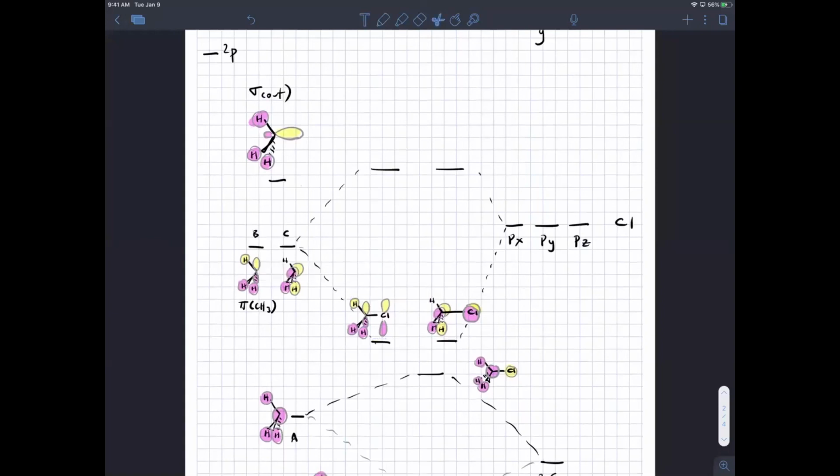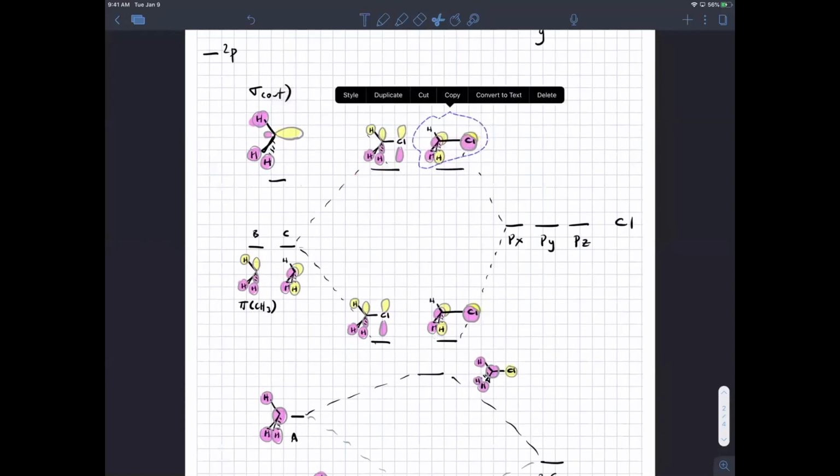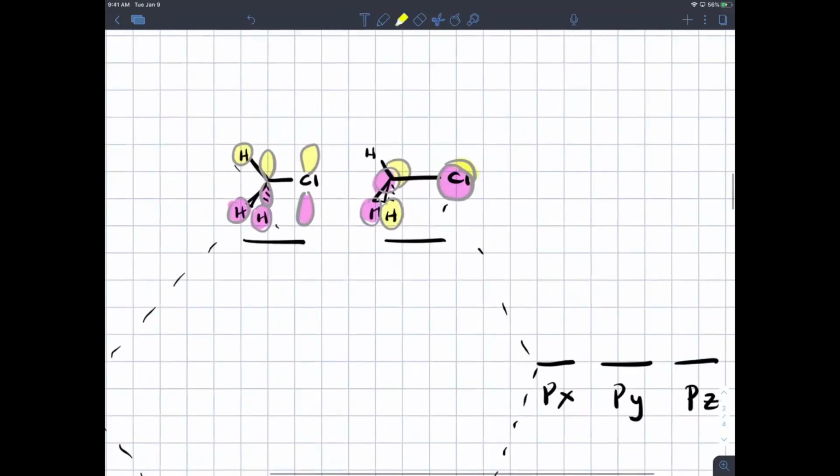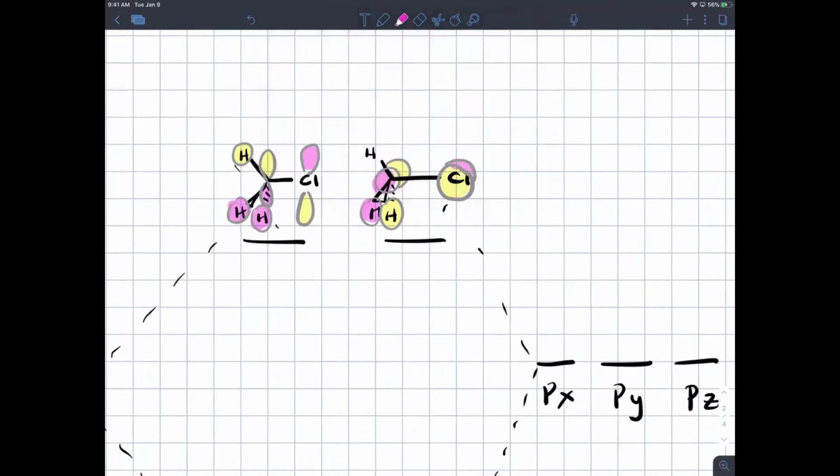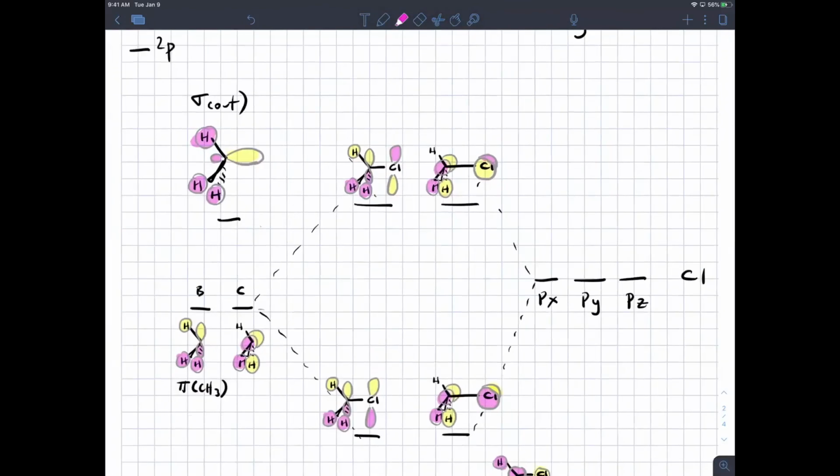And I suppose we could draw them, why not? Only we need to change the phase colors to have an out of phase relationship. Okay.